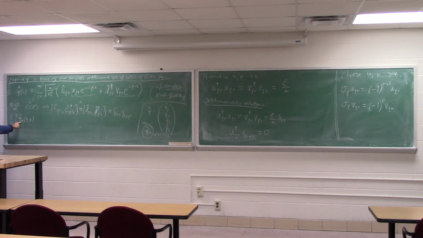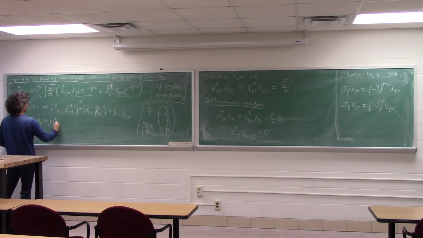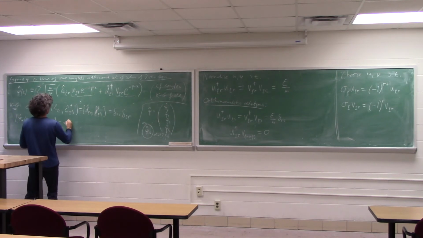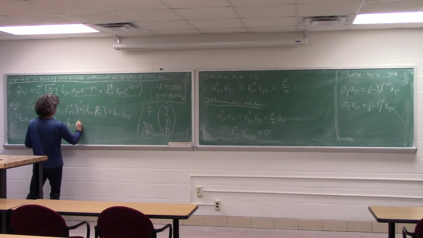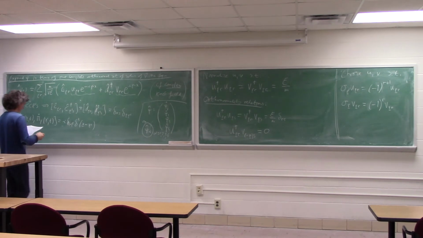If I'm looking at the alpha component of the field, I would look at the commutator with the canonical momentum density at a different position and at the same time, and this is equal to i delta alpha beta delta 3 of x minus x primed.